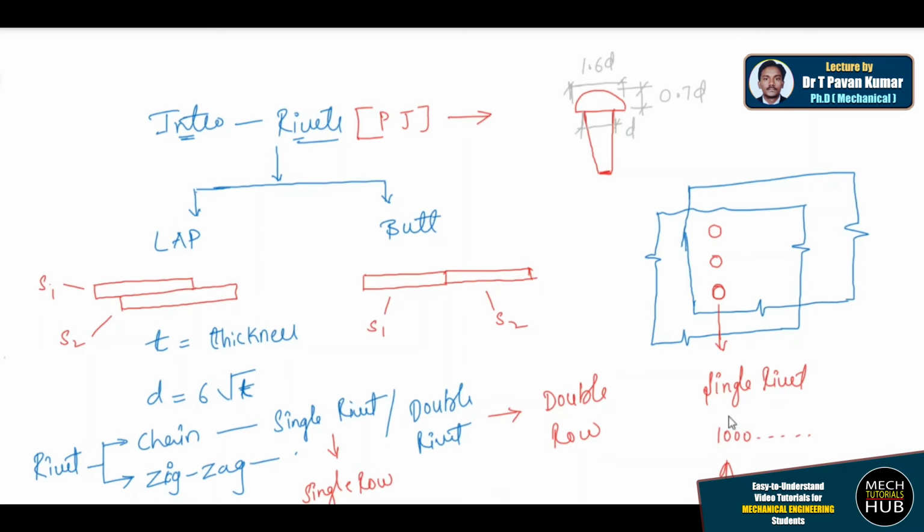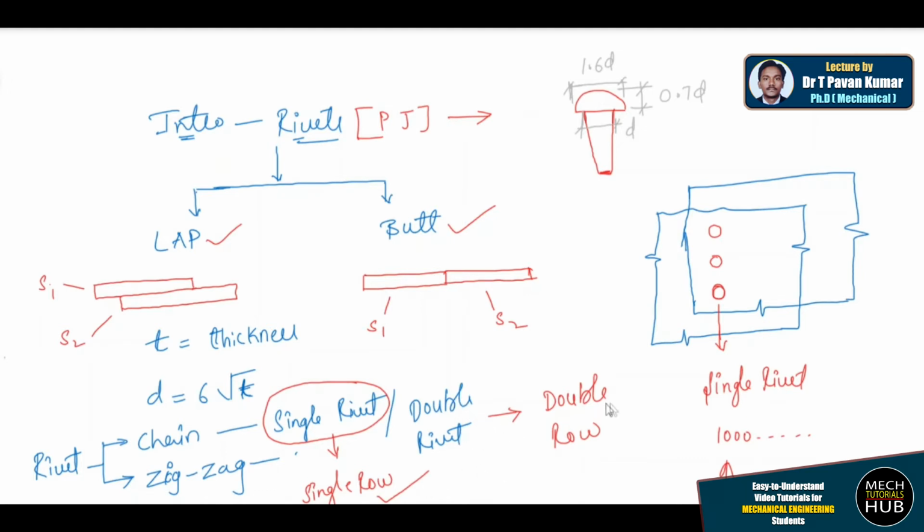Now this term single riveted you come across both in the case of a lap joint as well as a butt joint. Try to remember, single riveted or double riveted you come across in both cases. Whenever a question is based on a single riveted joint, immediately think of a single row.